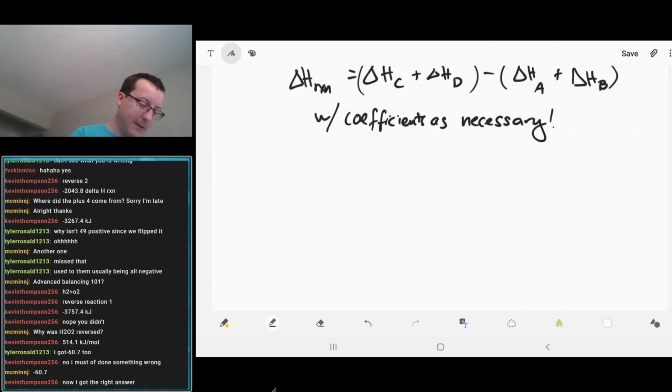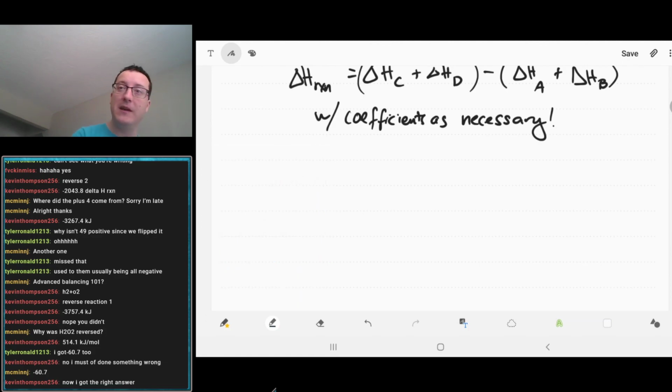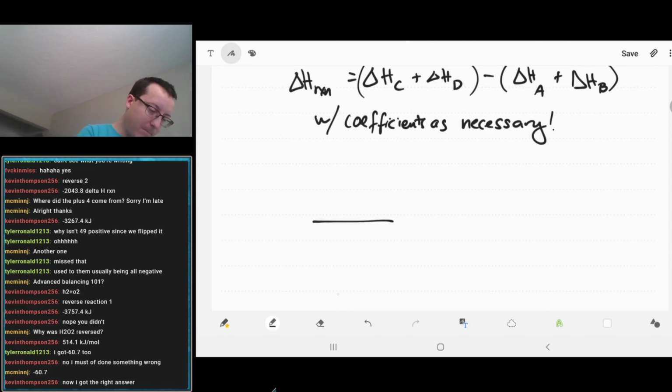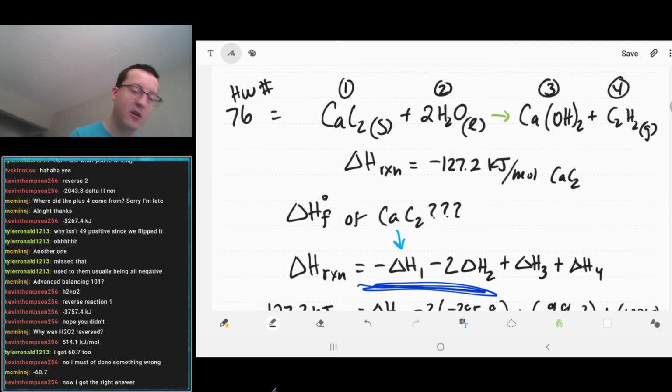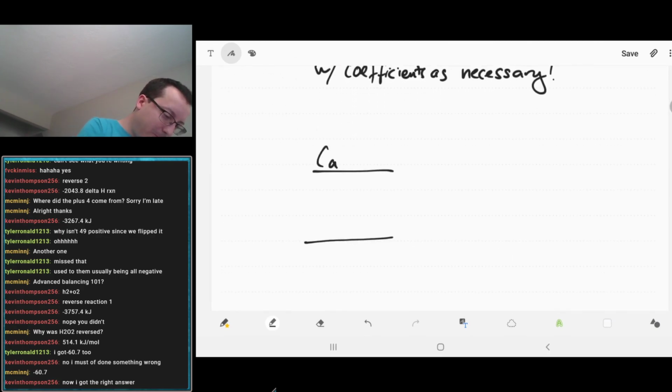You might see in the future what are called enthalpy diagrams. If we take this particular reaction, this calcium carbide plus blah, blah, blah, doing all this stuff, we can see what's actually happening here. So here are our reactants.